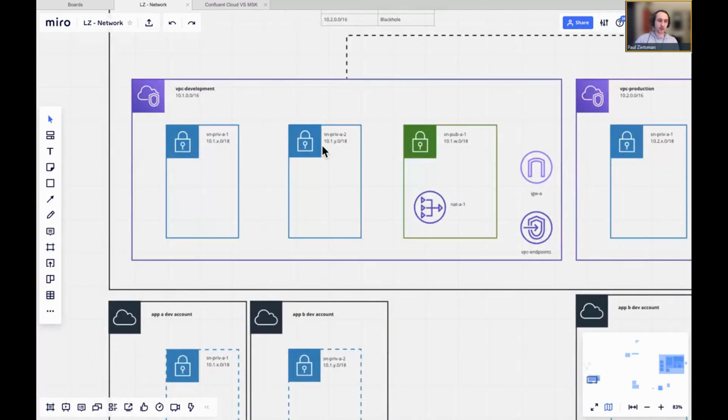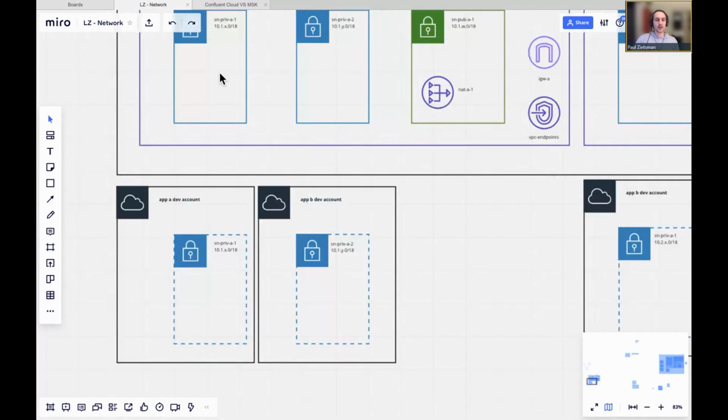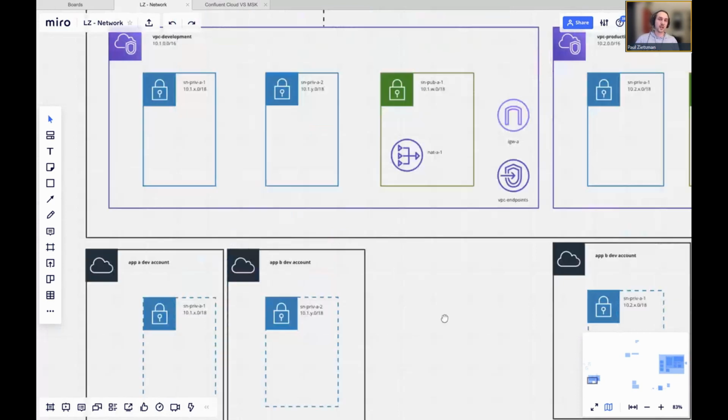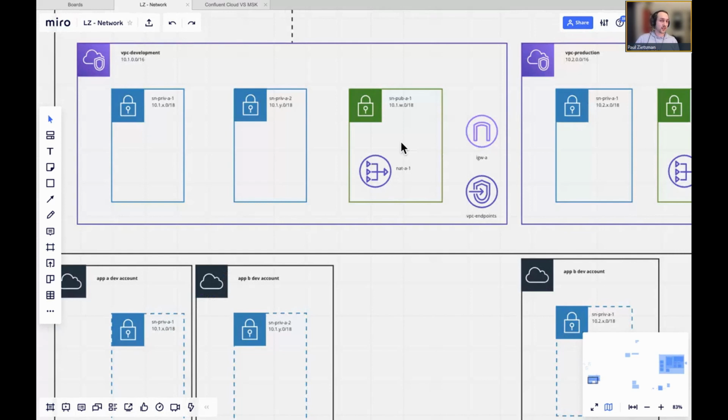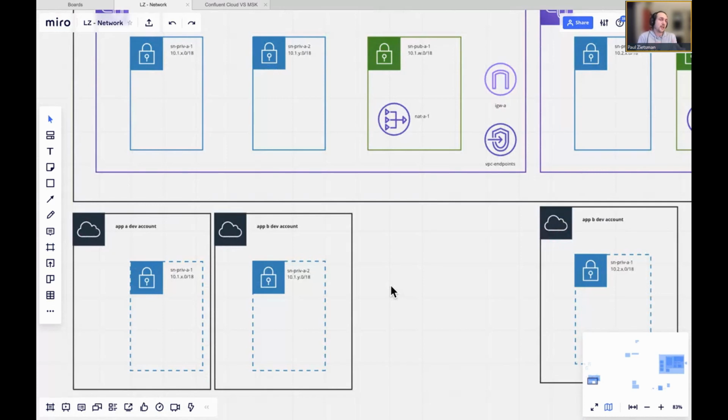In here, I've got subnets. I provision 2 subnets, and I share that out to app development accounts, and they get their own subnet, even though it's in the same VPC, and they can chat to each other. They can use that central egress point for that VPC without us as a central networking team having to worry that people go and provision stuff in a public subnet, which you can totally do with IAM.